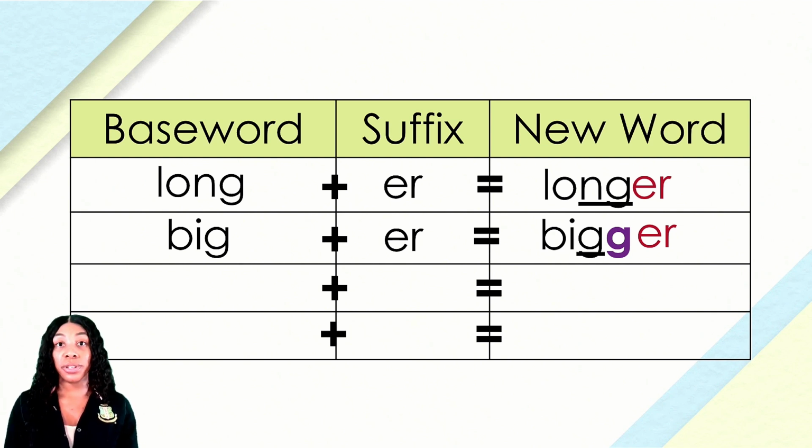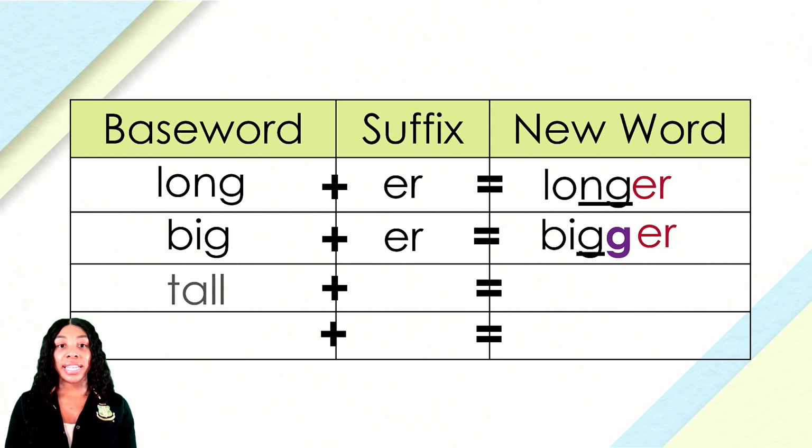As a general rule, when the base word has 2 consonants after the vowel, we do not change it. When there is 1 consonant after the vowel, we double that consonant before adding the suffix. How did er change the meaning of our base word big? It changed the meaning because now bigger means something that is more big.